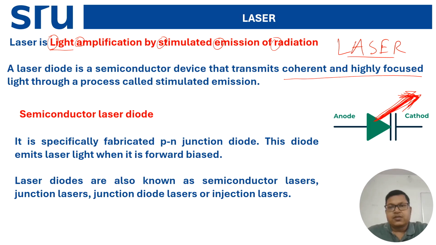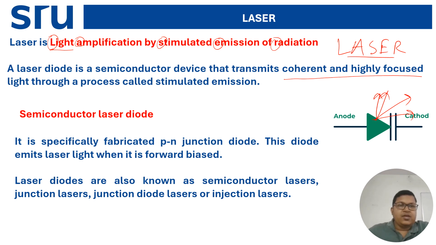The threshold above which this action is seen is called the lasing action. But what if the light emits in a scattered manner? Although the diode is emitting light, it will not make it a laser, because the basic condition for lasing action is that the light emission should be coherent and highly focused.